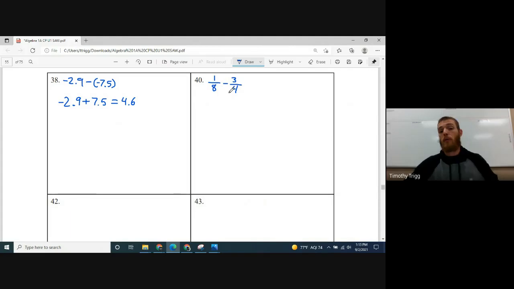Okay, here we're subtracting fractions. And once again, whenever we're adding or subtracting fractions, we want to make sure they have the same denominator before we do anything else. So in this case, we could change both the denominators to eighths. The first fraction is already in eighths, so there's no need to change it. But the second fraction needs to change from fourths to eighths.